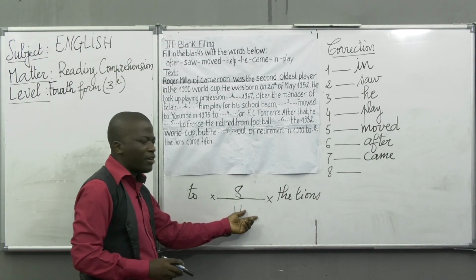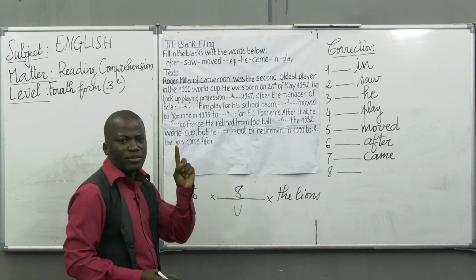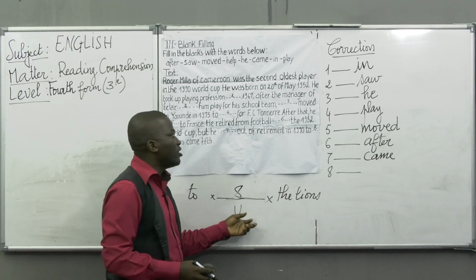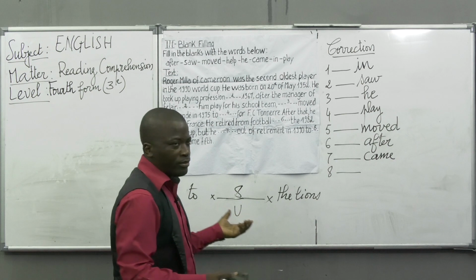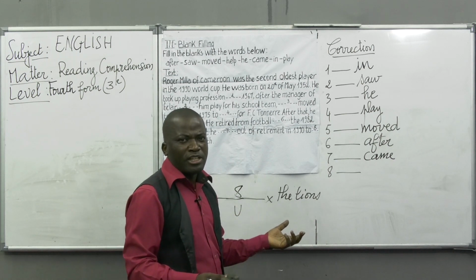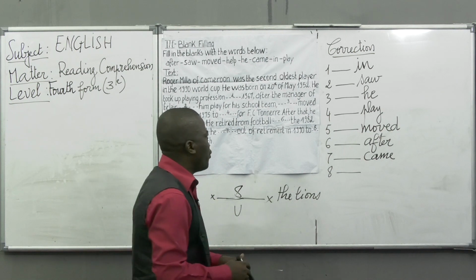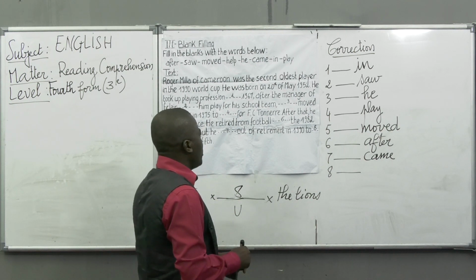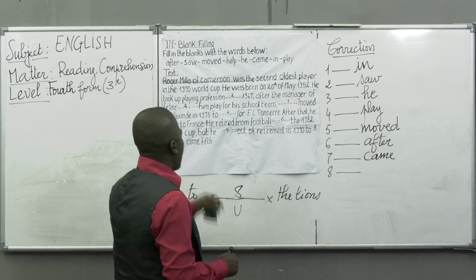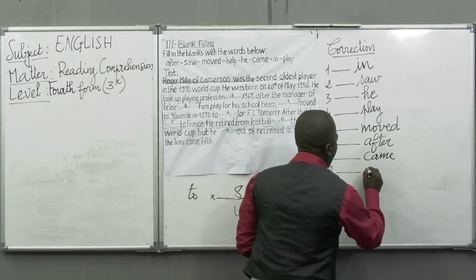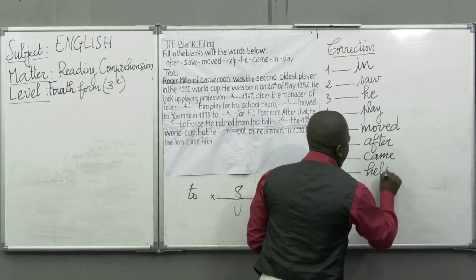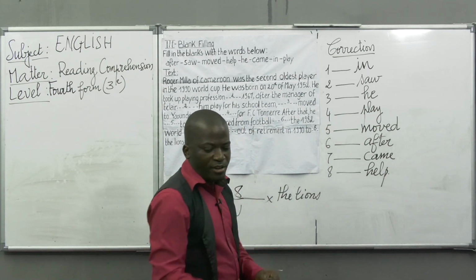And what can we have after? A verb in the infinitive, not a conjugated verb. What is the last word that we have from the list? Just one word remaining: the verb to help. To help the Lions.